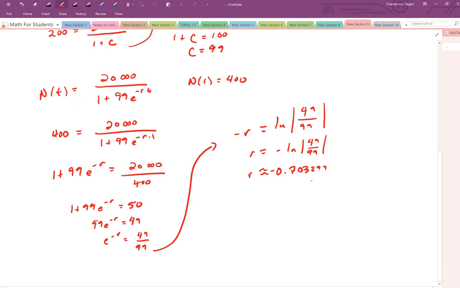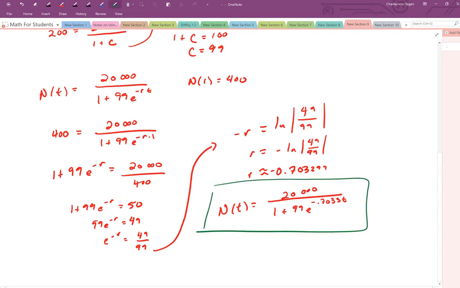And if you look now at our model, we have n of t is equal to 20,000 all over 1 plus 99 e to the negative 0.7033 t. So this is our final logistic model explaining the growth of this advertisement. I hope this was helpful.